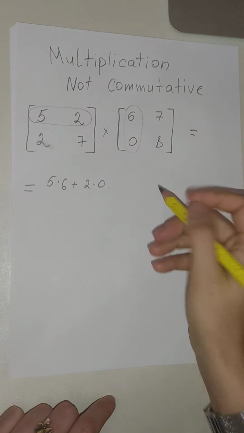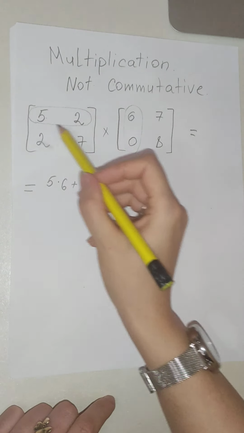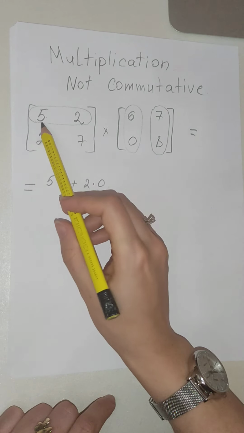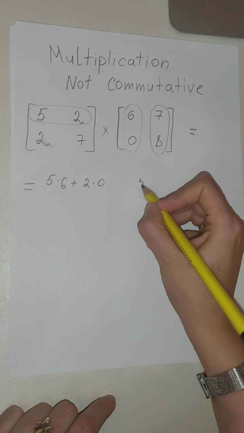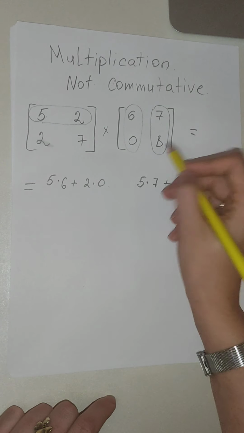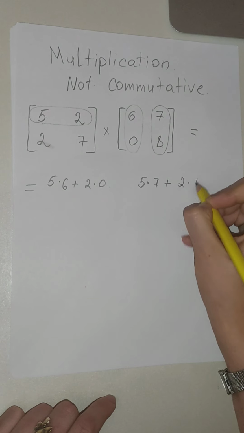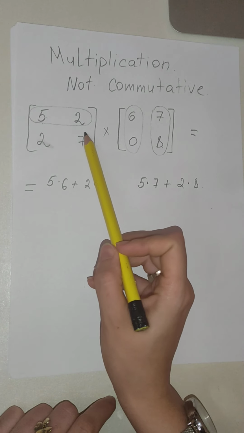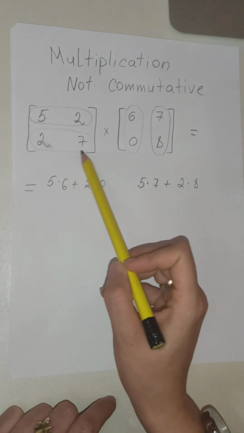Again, we should multiply this row by this column: 5 times 7 plus 2 times 8. Again, let's continue. We will do the same operation with the second row.